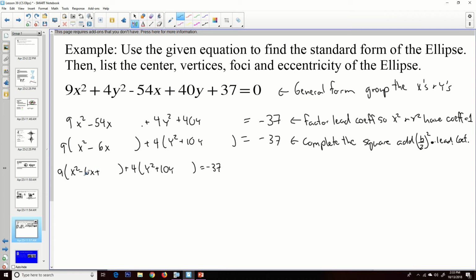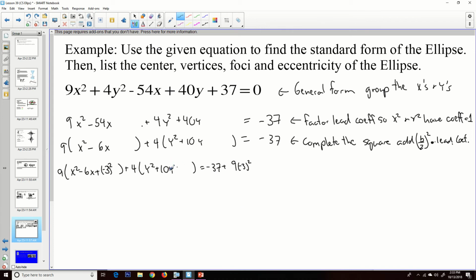Half of negative 6 is negative 3, and we're going to add that squared to this side as well. So negative 3 squared. But because it's inside the parentheses, we have to distribute the 9. Remember, we factored out a 9, so that 9 has to be multiplied by all of those terms. So I have to multiply this term by 9 as well.